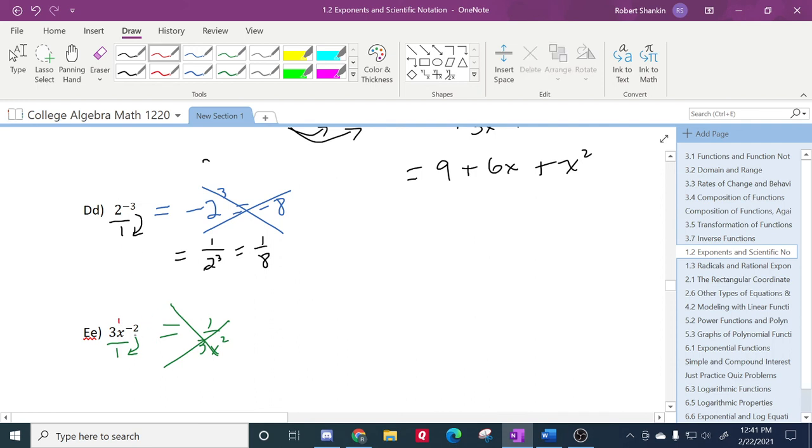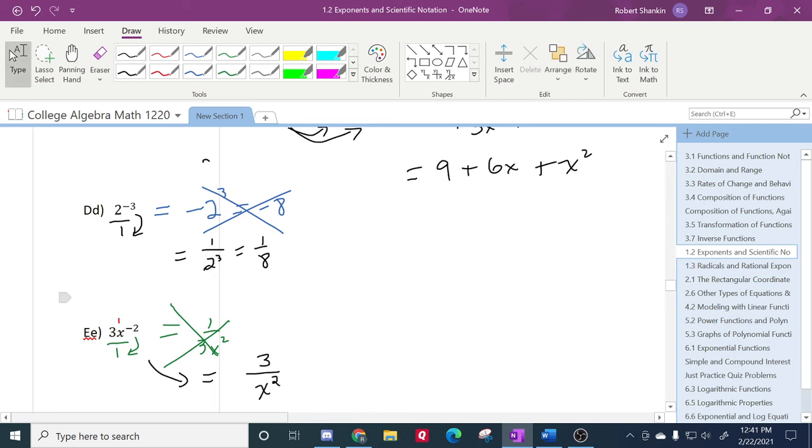And so the exponent on the x is negative 2, on the 3 is positive 1. So the 3 stays where it is. The x to the negative 2 comes down, is x to the positive 2. That's the correct answer here if you're rewriting it without negative exponents.